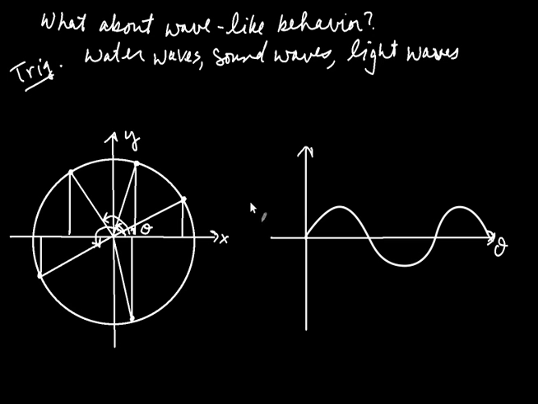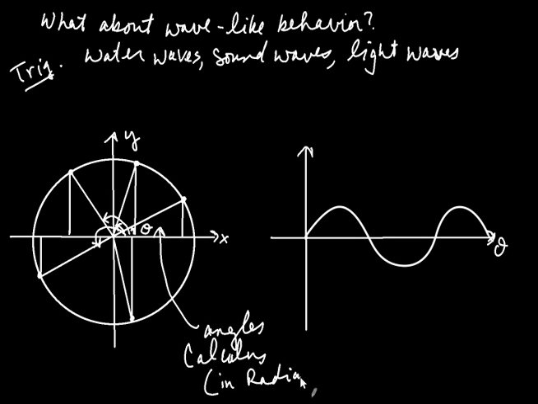Now, when we do that, to begin this discussion, we have to think about the angle, right, as we mentioned. And when we measure angles, when we apply all this to calculus next semester, we're going to be measuring these angles in what are called radians, okay, and radians, not degrees.